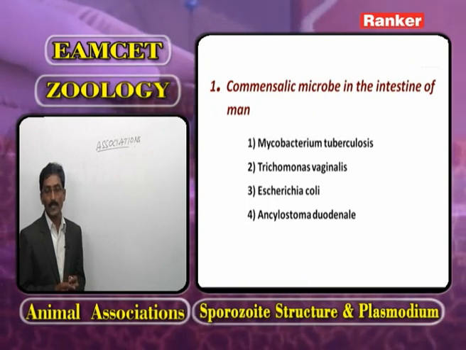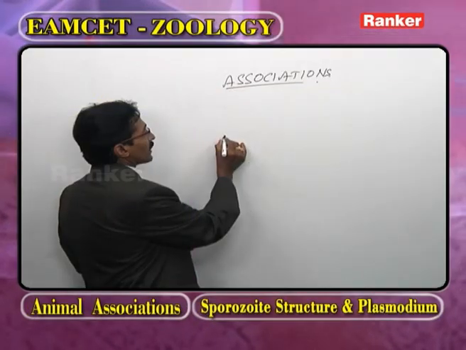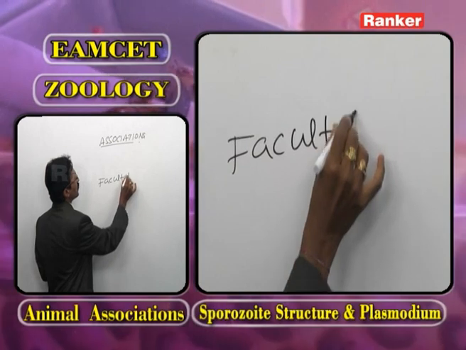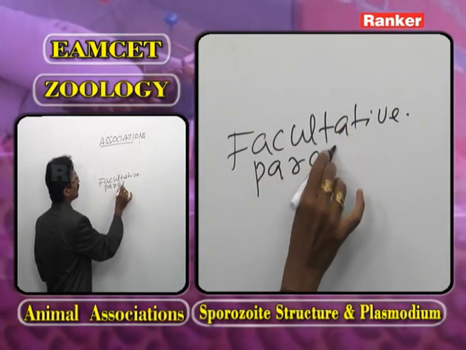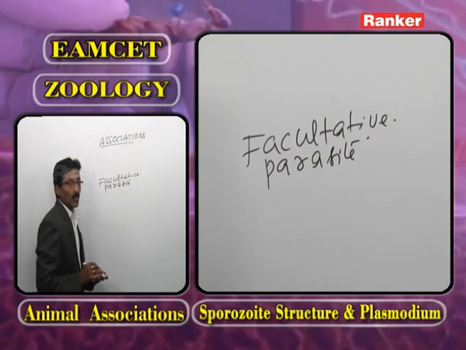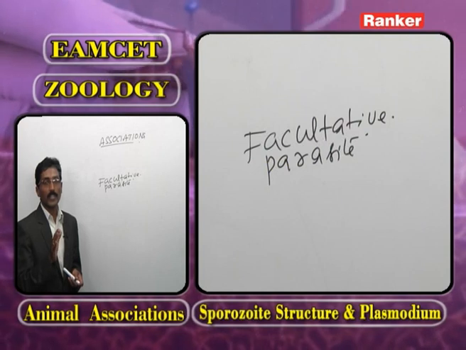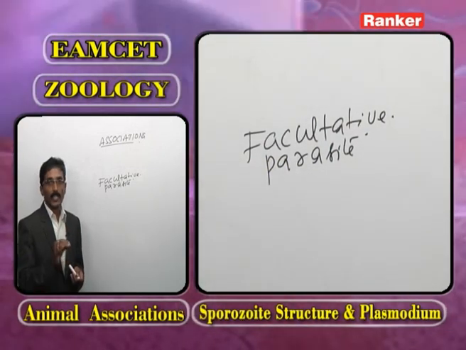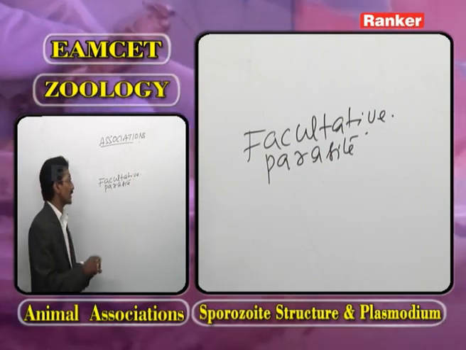Now, Mycobacterium tuberculosis is a facultative parasite. What is meant by a facultative parasite? As long as the host is present, it lives as a parasite. In the absence of the host, the parasite lives independently.